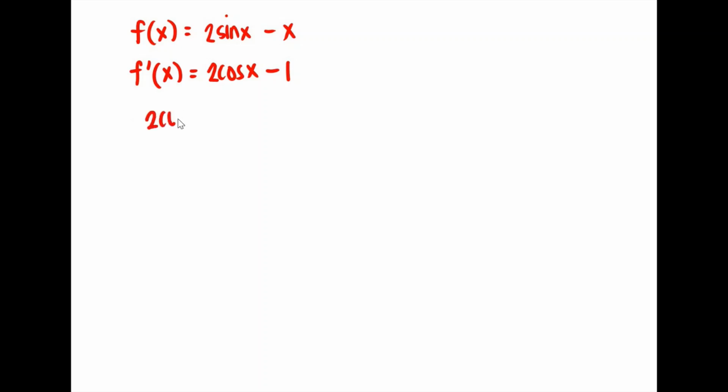And then we equate the derivative of the function to 0 to get the critical points. So if we are bounded with the interval from 0 to pi over 2, we will only consider critical points inside this interval.